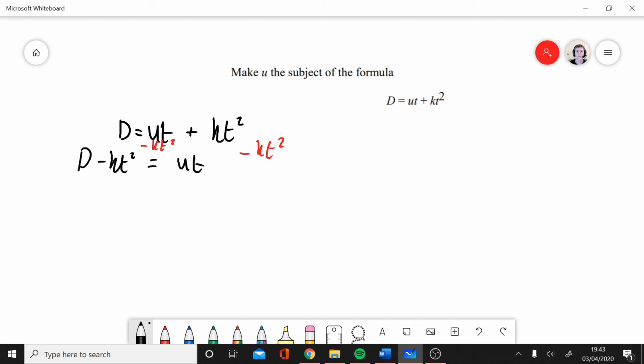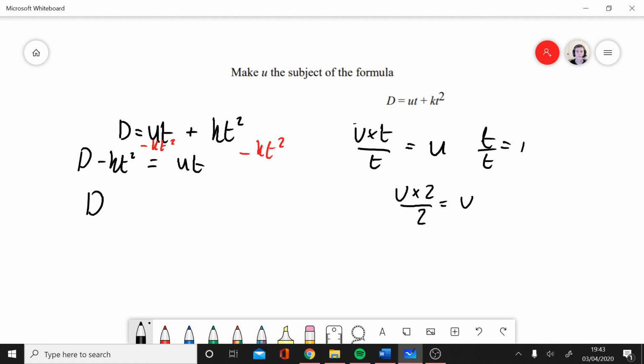Now we can divide both sides by T, as if you have U times T and you divide that by T, it is just equal to U, as T over T is going to equal 1. Similar to when we have something like U times 2, if we divide that by 2, it just gets us U. So we end up with D minus KT squared, all over T, being equal to U.